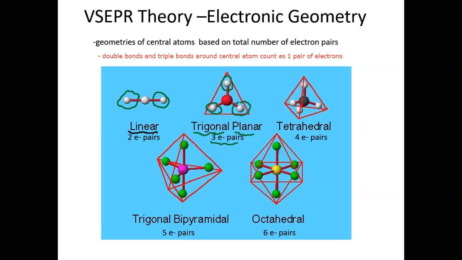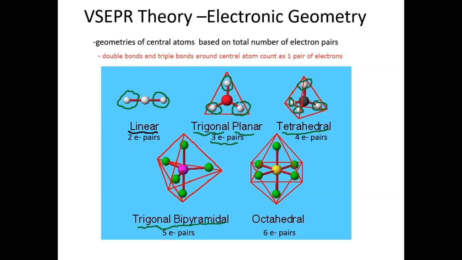Next we move to tetrahedral. Tetrahedral forms a tetrahedron, so that's why it's called tetrahedral, and you have 4 electron pairs. Again, these can be bonding or lone pairs of electrons. Bonding pairs are bonds. Lone pairs are only on one atom. Then we have trigonal bipyramidal, which is 5 electron pairs. It's kind of a cross between trigonal planar and linear.